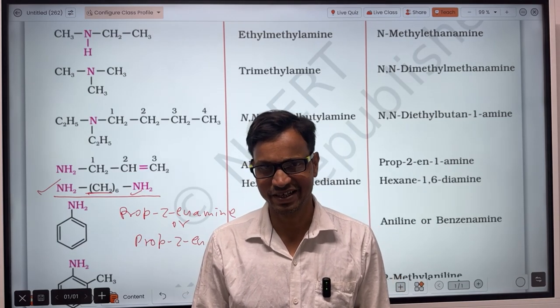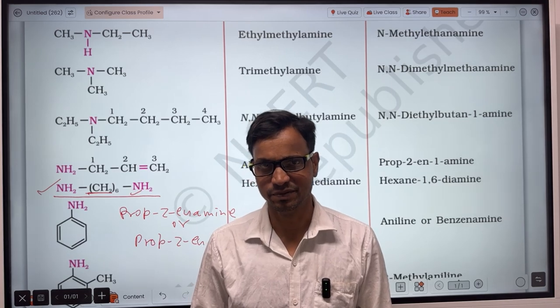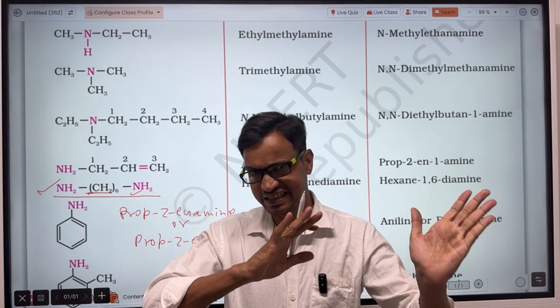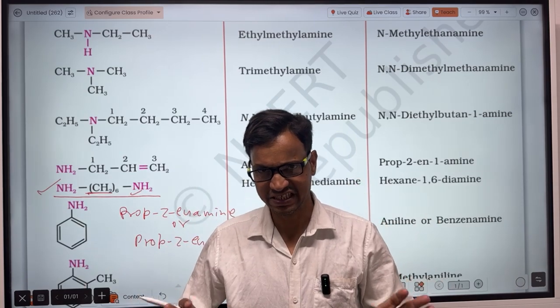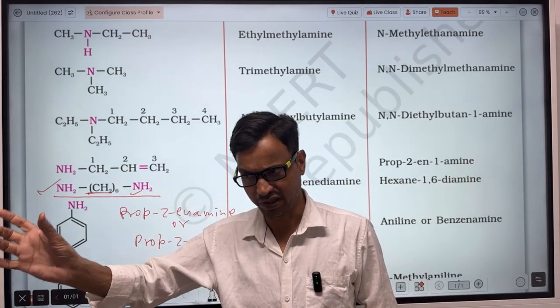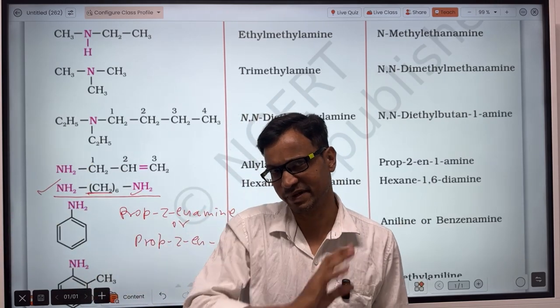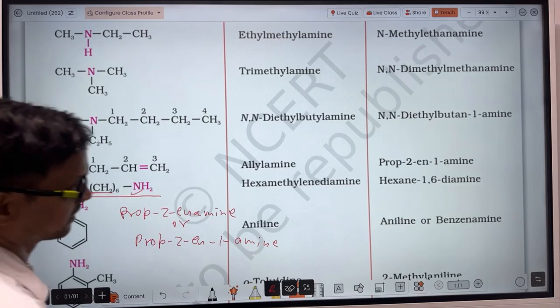So that's why 1,6-diamine will be there. The main chain is of 6 carbons, so hexane, and the e will be retained here.